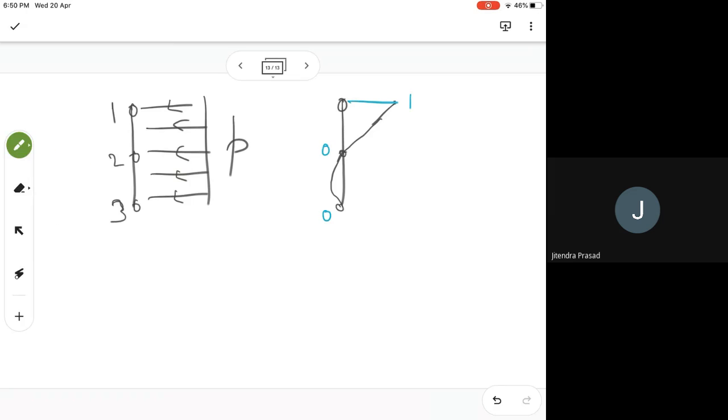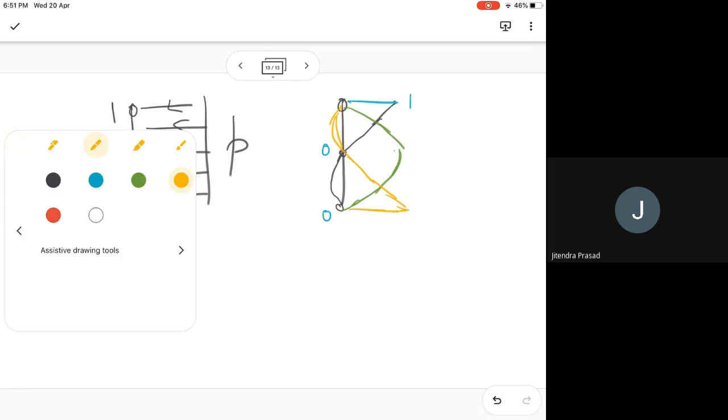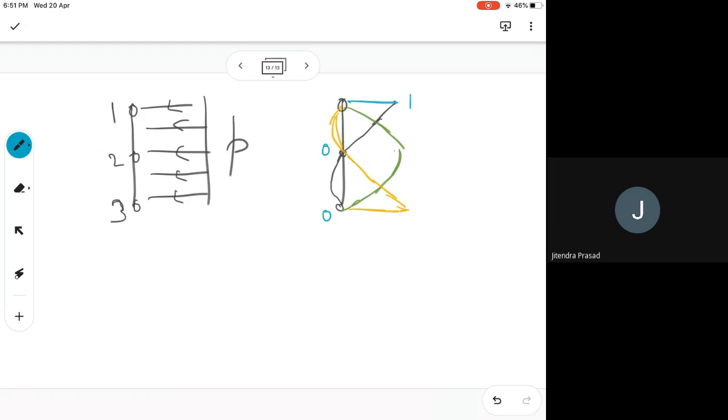Then number 2 will be like this, yeah. And then you have number 3, which will be 1 here, and then 0 here, like this, yeah. So this is 1, this is 2, and this will be 3, yeah.